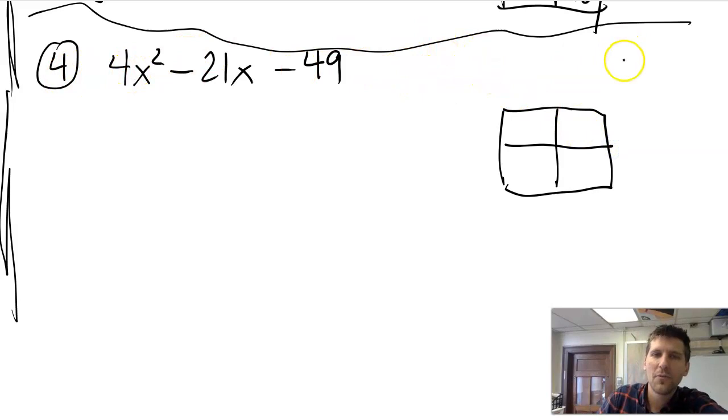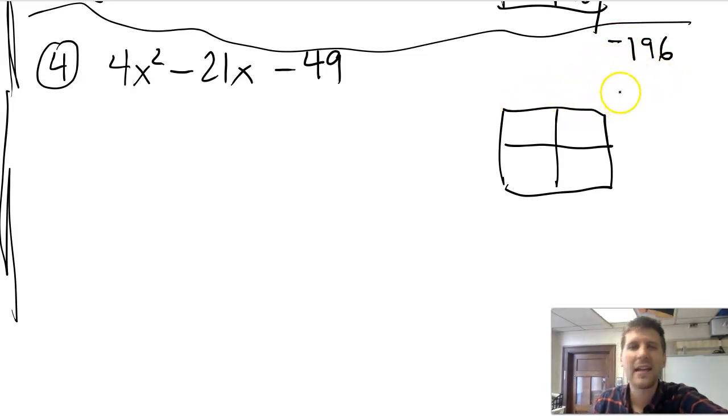4 times negative 49, well that's 98 times 2, that is, what is that? 98 times 2 is 196. Negative 196. So what are my factors of negative 196 that add up to negative 21? Interesting question here.